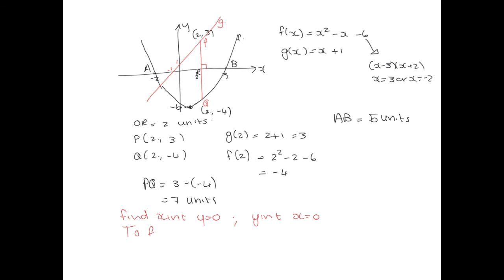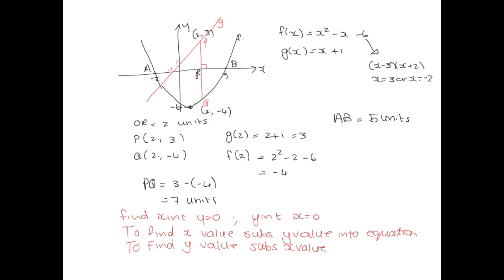To find an x value, just a simple x value of a coordinate, you substitute the y value into the equation, and therefore, like what we just did, to find a y value of a point, we substitute the x value into the equation.